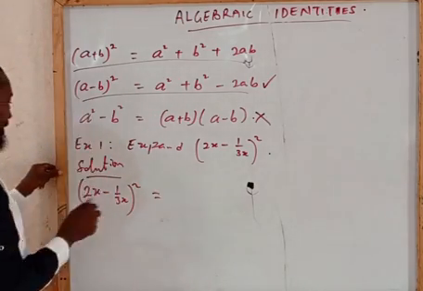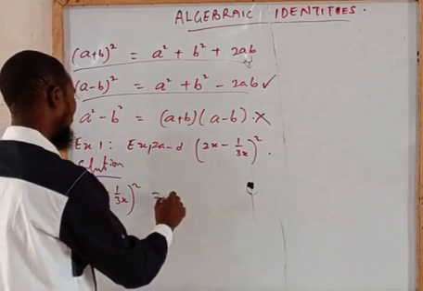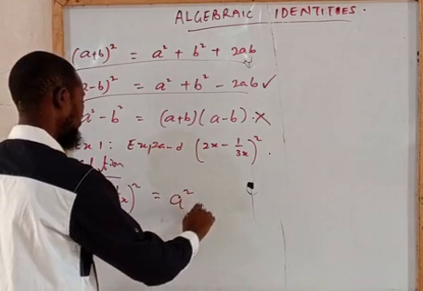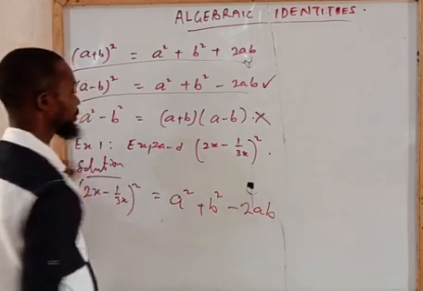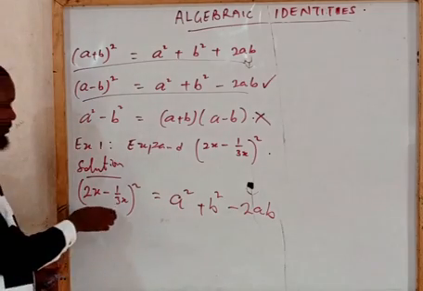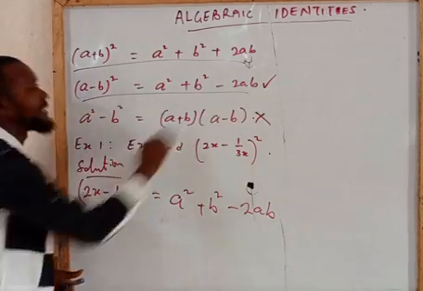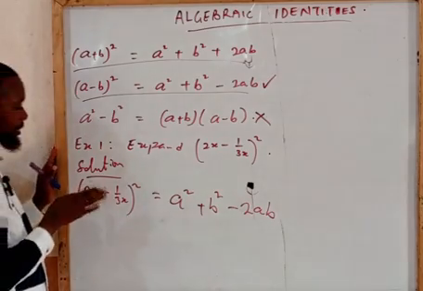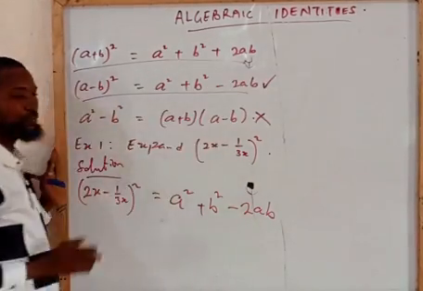Therefore, we can write a squared plus b squared minus 2ab. The reason I'm choosing this one is because the question given to me has the same structure as this identity 2, so this identity is what I will use.